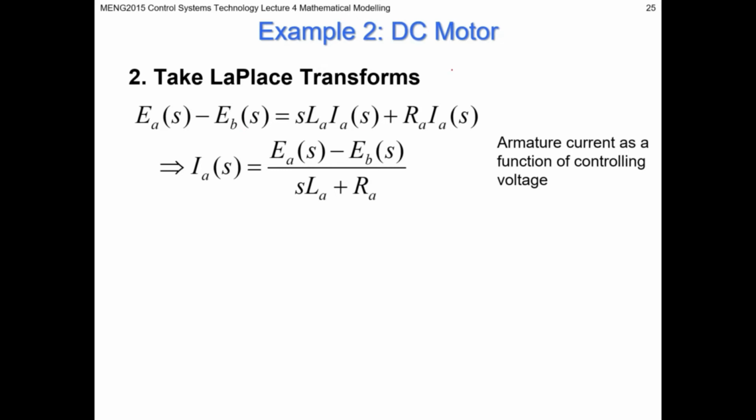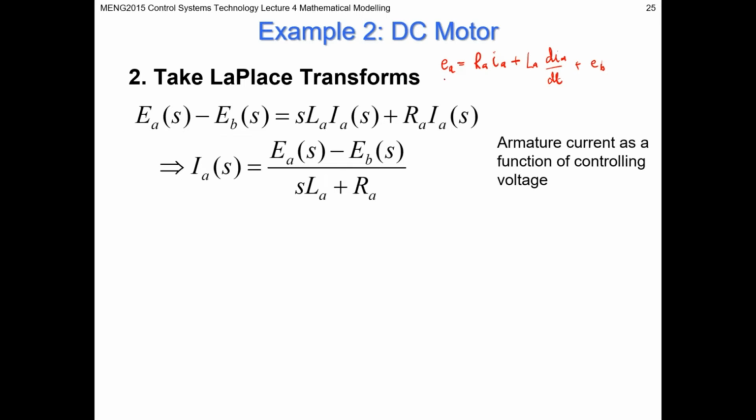Let me write in here what the time-based differential equations were. We said EA equals the voltage across our resistance, which is RA IA, plus the voltage across our inductance, which is LA dIA by dt, plus our back EMF EB.